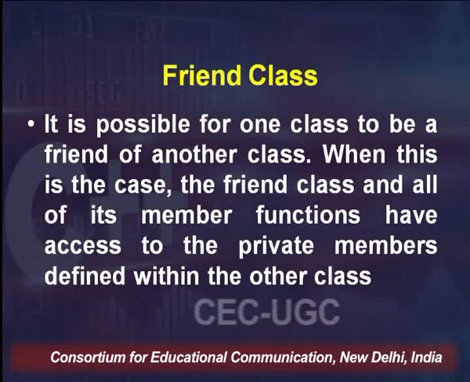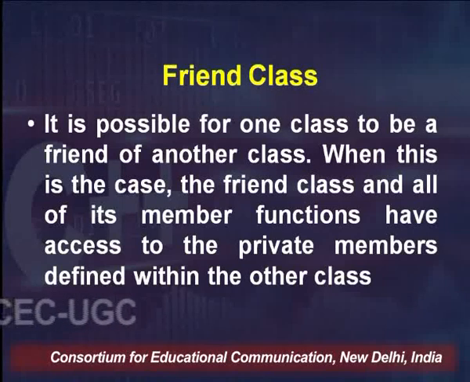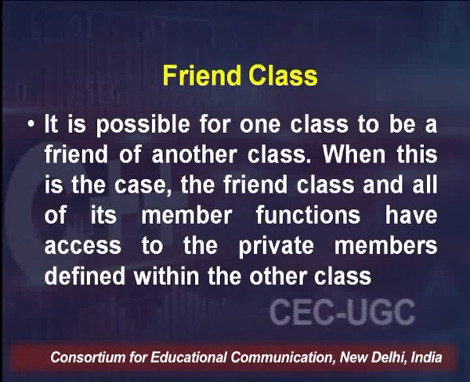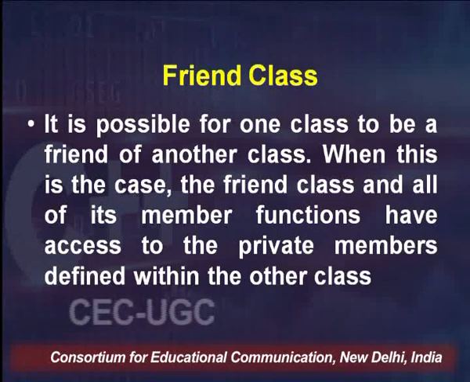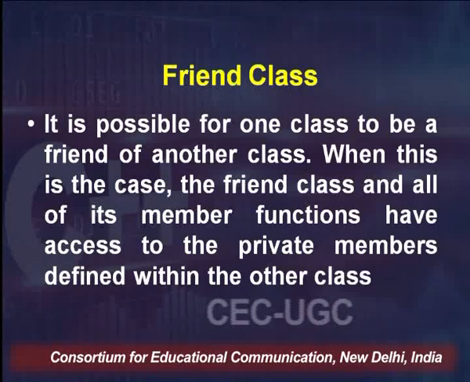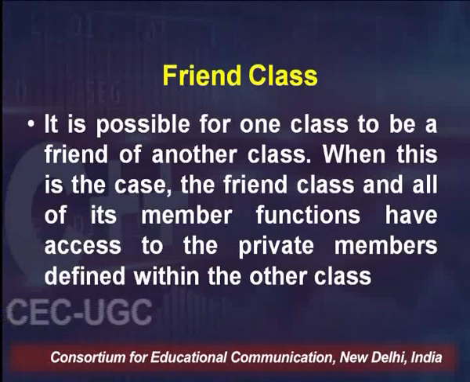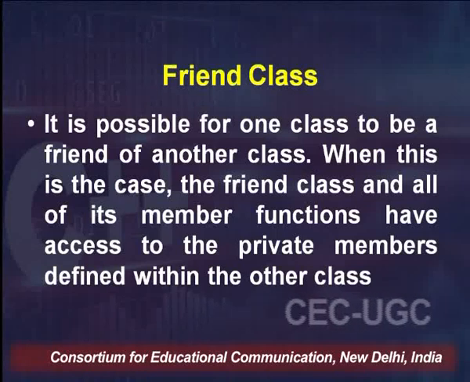In the situation of a friend class, the friend class and all its member functions have access to the private members defined within the other class to which it is being declared as friend. But this concept of friend does not go vice versa. I'll cover what I'm trying to say with the help of an example in a short while.